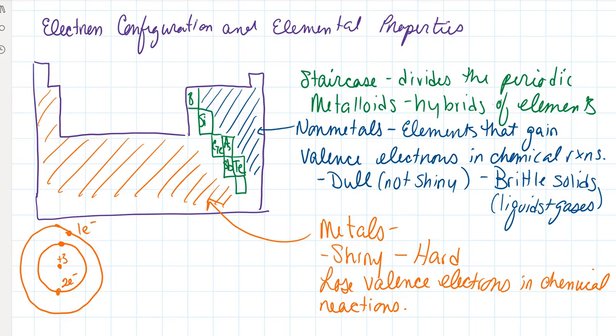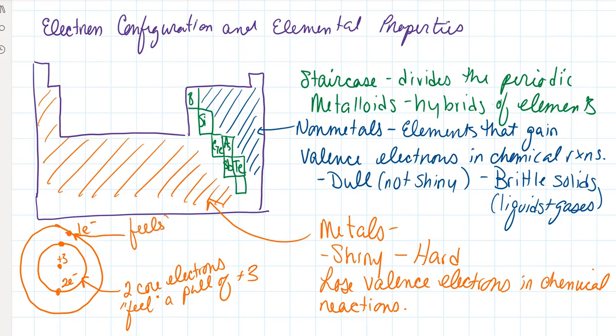We talked about the idea of shielding, whereas these 2 core electrons, I'm going to use the word feel very loosely, feel a pull of +3, whereas this one electron has two minuses canceling out the three pluses. And so it feels a pull of +1 on that valence electron there. So because of this, and what the overall pull is, we'll sometimes see electrons are attracted to an atom, or we'll see that atoms are repelled.